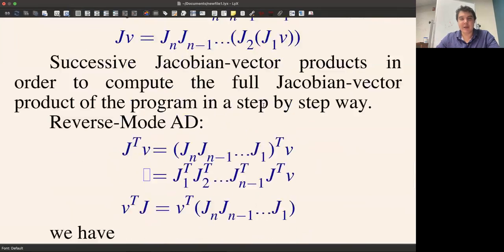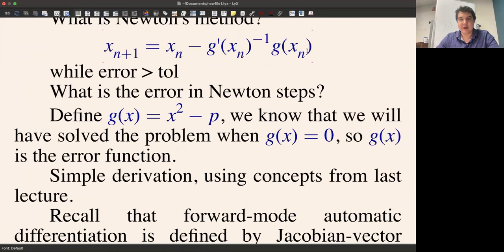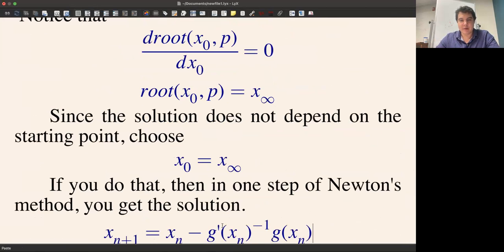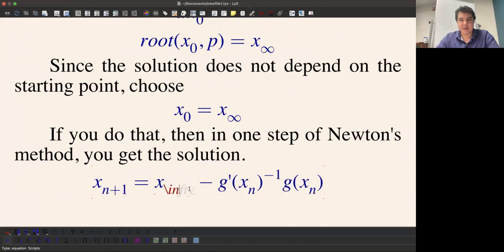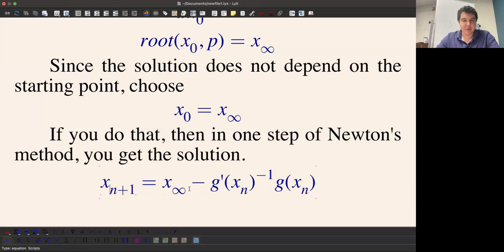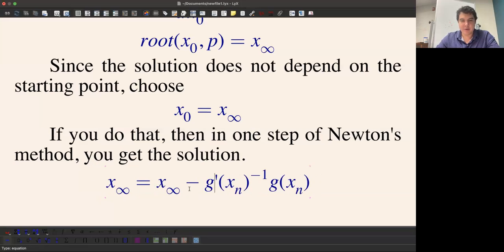So what you can then say is that x infinity equals the one-step update from x infinity. So this is a relationship that holds true.